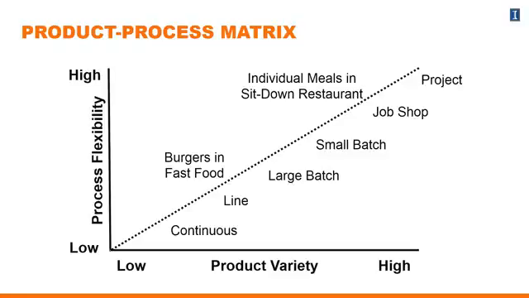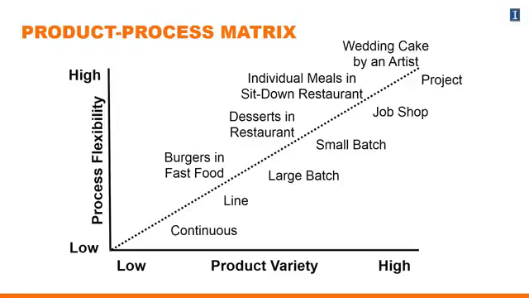And just for completion's sake, if you were thinking about the other types of processes, desserts in a restaurant might be made in small batches. They might be ready. You're making them and stocking them. You're not waiting for the customer's order for them. On one extreme, you have wedding cakes that are being made by an artist. So they are a unique product that's being put together by a cake artist.